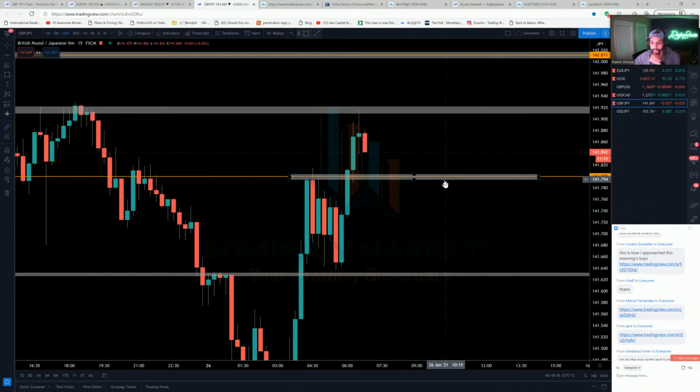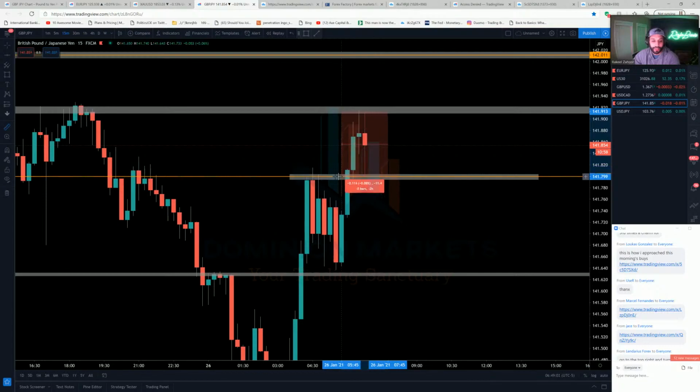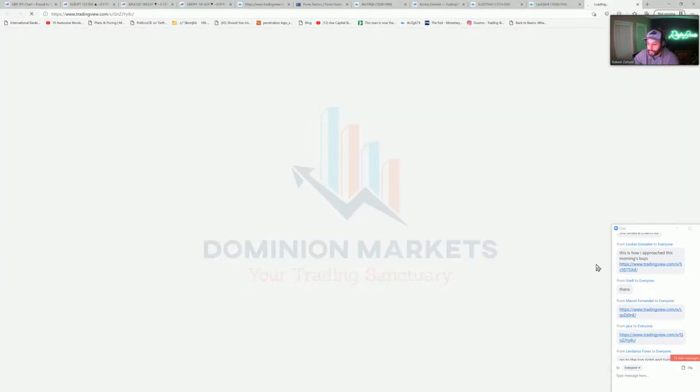If you do start breaking below 141.800, I'm going to be very confident in saying that, okay, if we had a move up, probably if we can correct this move down, we can have a selling opportunity. So I'm probably going to be looking at that as well for sells. But this range is pretty tight. I'm going to agree with that. It's like a 10-12 pip range, which is very difficult to trade.